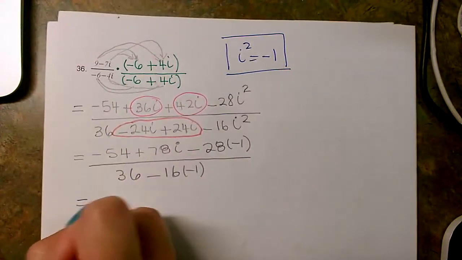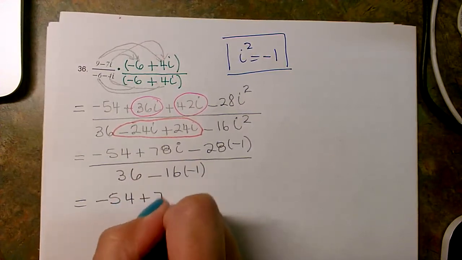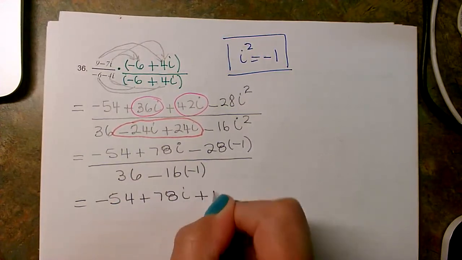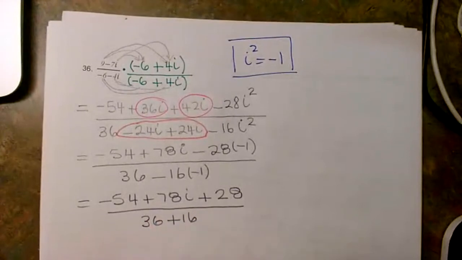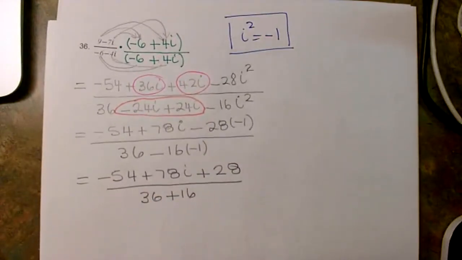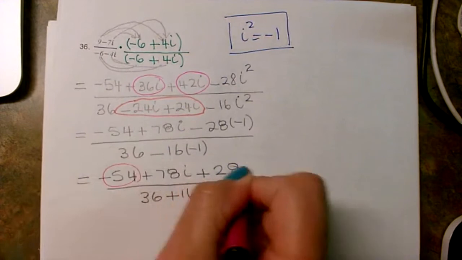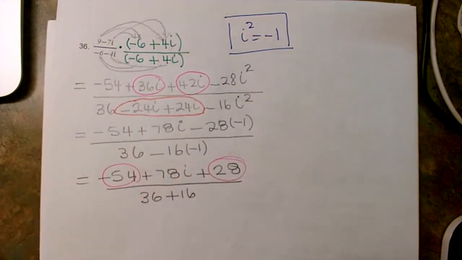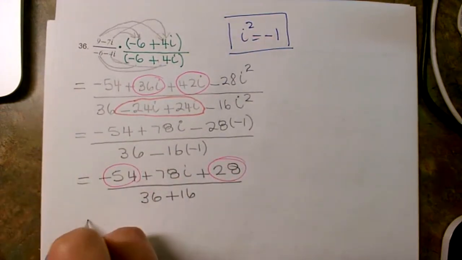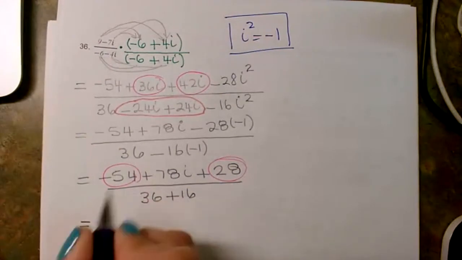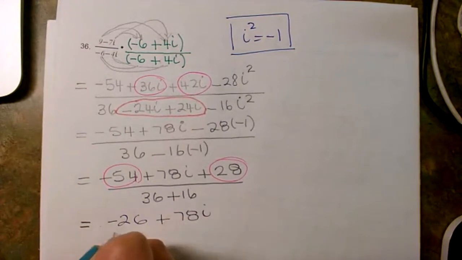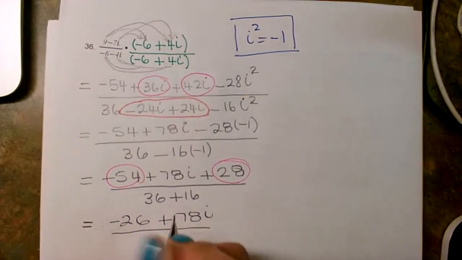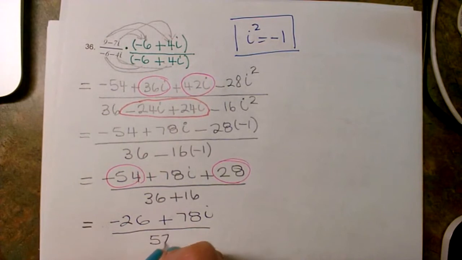So we have negative 54 plus 78i plus 28, 6 plus 16. Negative 54 plus 28, that's going to be a negative 26. This is 52.